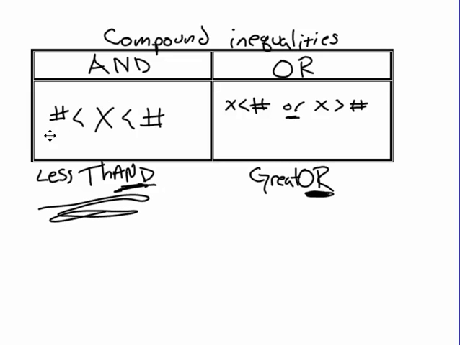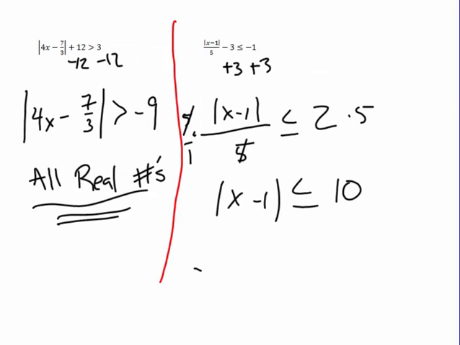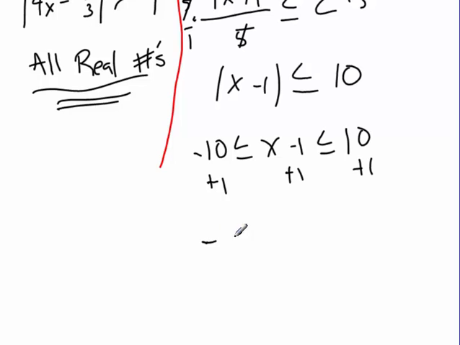So I'm going to break this here where I have the negative number and x in between the negative and the positive version. So here I get negative 10 is less than or equal to x minus 1, less than or equal to 10. And I add 1 to all sides, plus 1 to all sides. And I get negative 9 is less than or equal to x, which is less than or equal to 11.